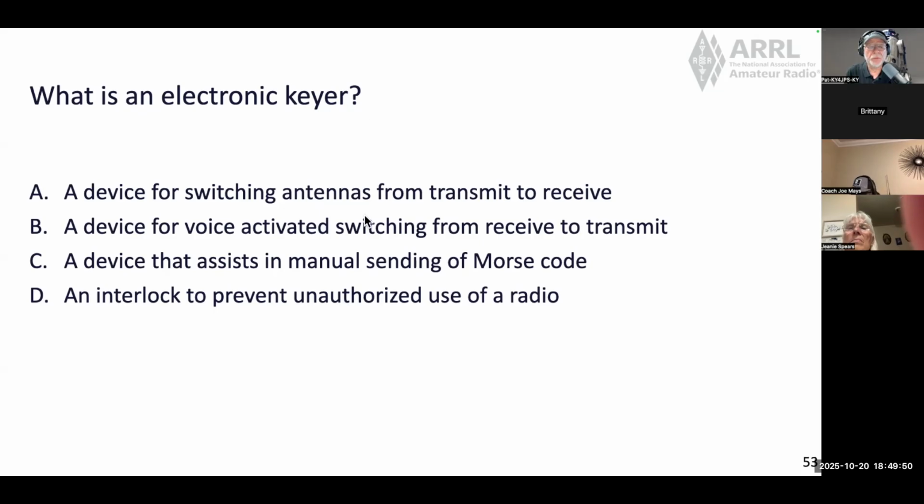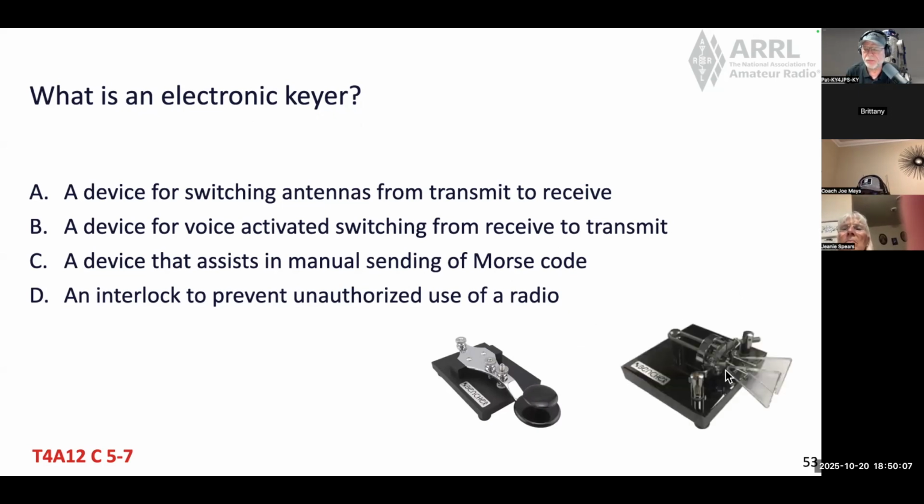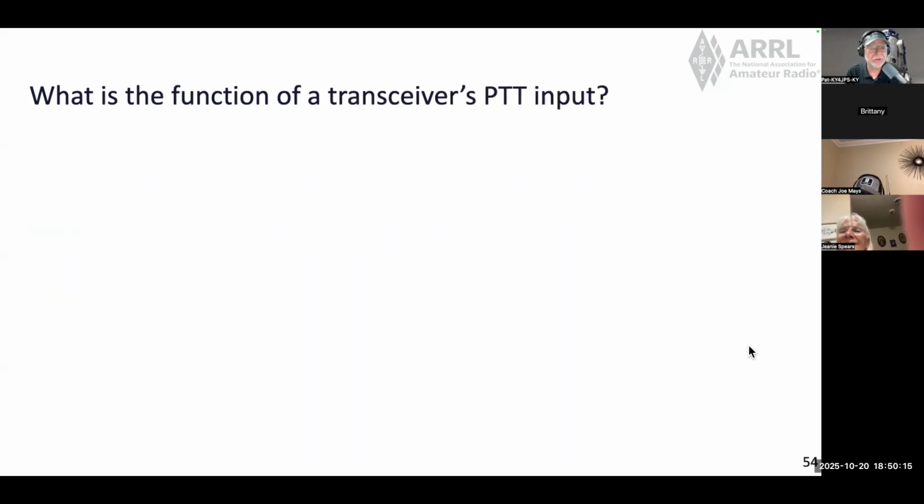Remember, there was one method that we used, and I showed you two different keyers, and it's for Morse code, C. And again, here's a keyer that you could see back in the Western days, looks similar to that, the old Western movies. And then here's what we call a paddle keyer. One paddle is the dot, and the other paddle is the dash, and I don't know which side's which.